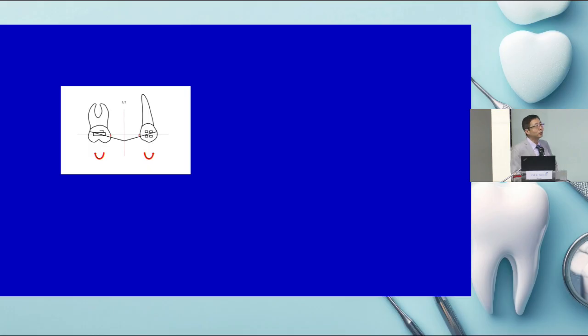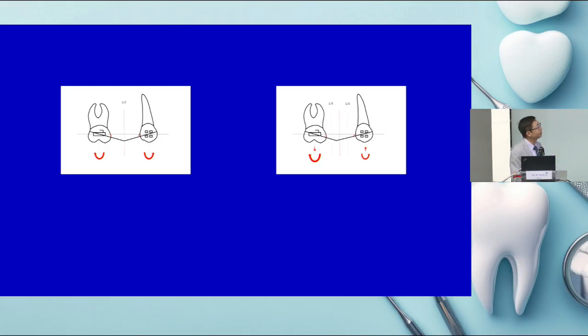When we put a V-bend in the center between two neighboring teeth, those two teeth get the same magnitude but opposite direction moment. That is an equilibrium situation, right? But if we move the V-bend off the center, this moment will become larger and this one becomes smaller.